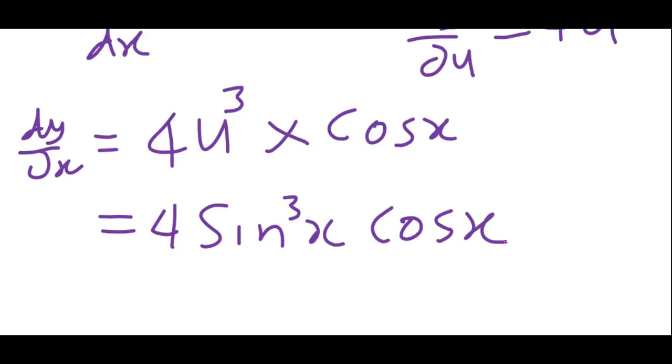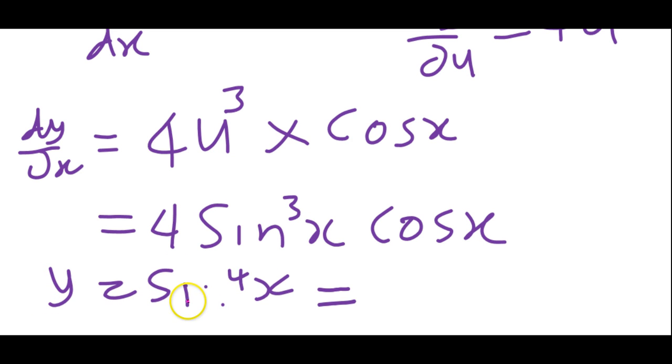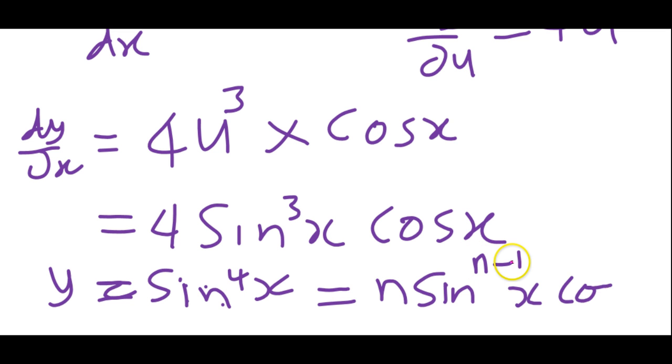So if we go by that formula, it means that y given as sine to the power 4 of x will be equal to n sine to the power n minus 1 of x times cos x. This is the formula that we saw earlier.